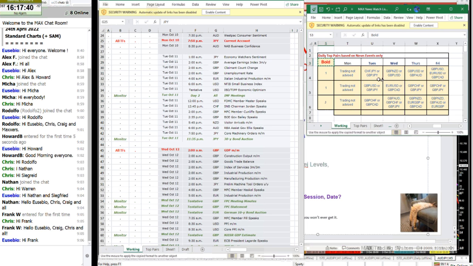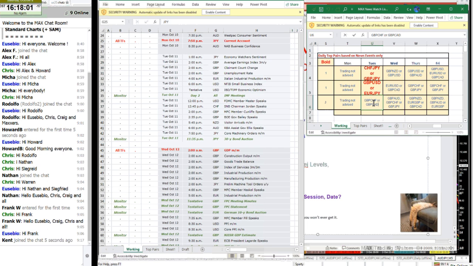Then we will have the euro yen, pound US dollar. So change the pound yen, the GBP into euro. And then pound Swiss, pound Kiwi, pound Aussie.